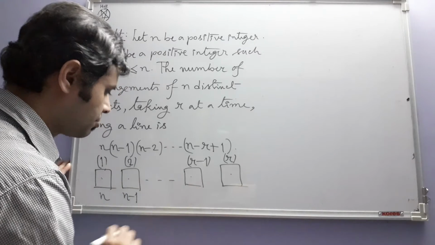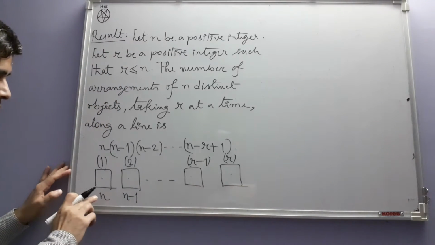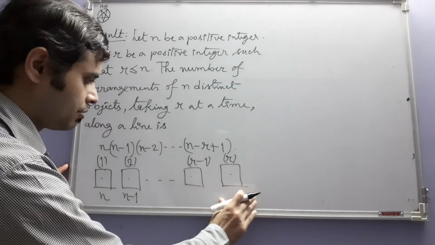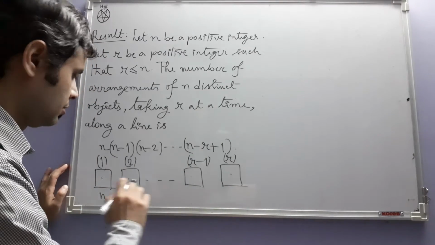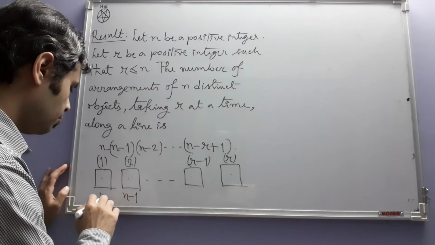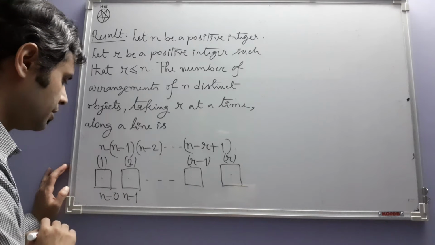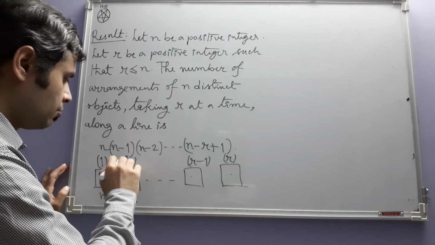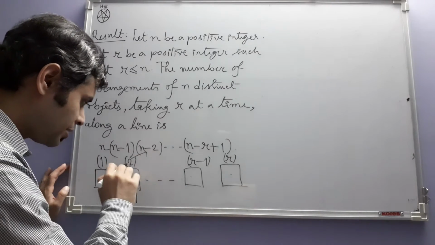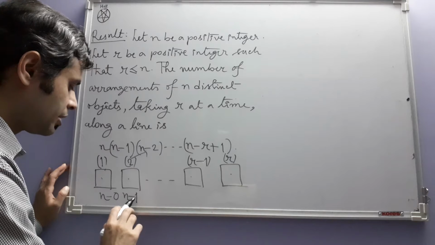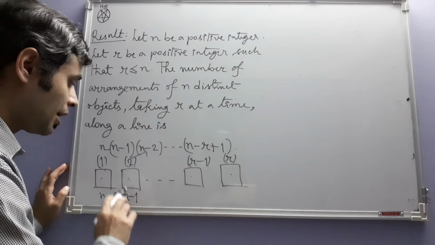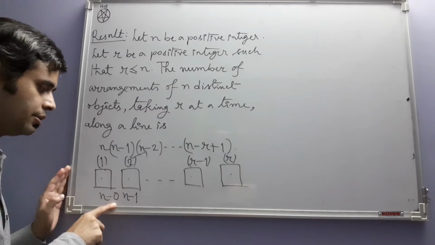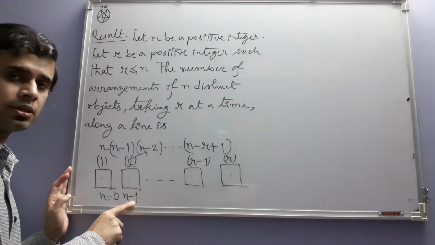In this way, if you continue, you just have to understand what will appear here. You see, here we have n minus 0, here we have n minus 1. So when we have something here, we are subtracting from n 1 less than that thing. When we have 1 here, we are subtracting 0. When we have 2 here, we are subtracting 1.